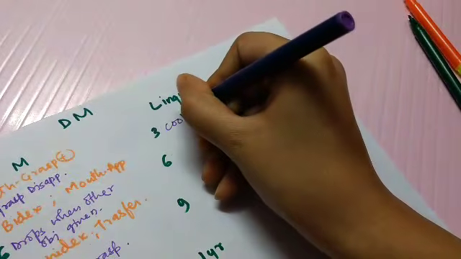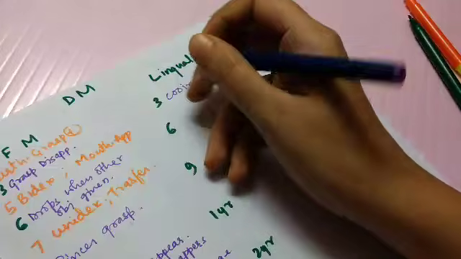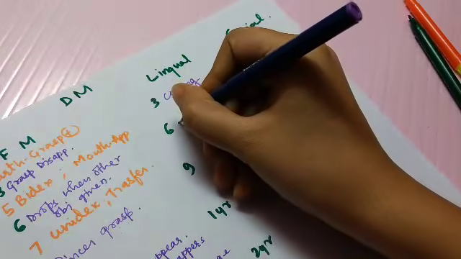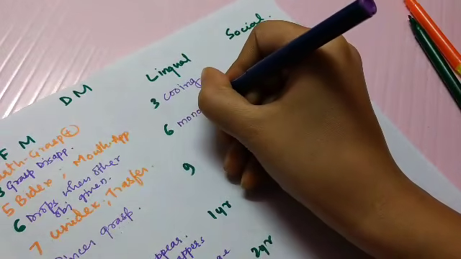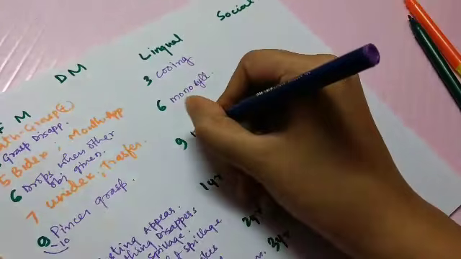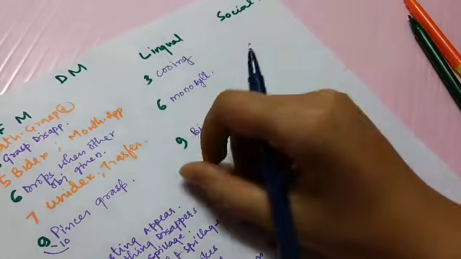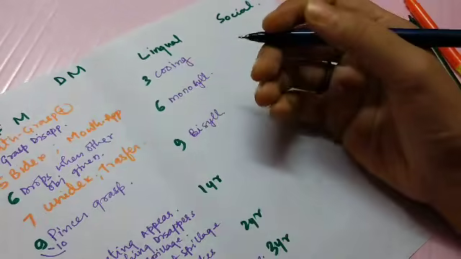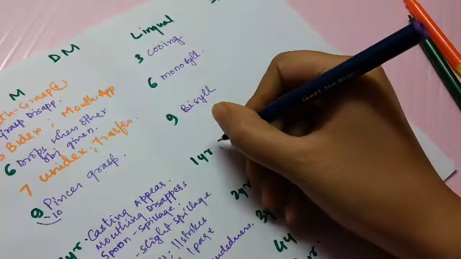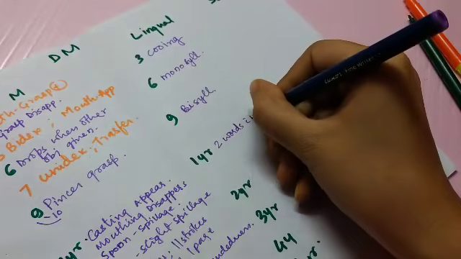So 3 months cooing, and at 6 months the child starts speaking monosyllable words, and at 9 months after mono comes bi, so it's bisyllable words like mama, papa, or something like that. And at 1 year, the child starts to say 2 words with meaning.